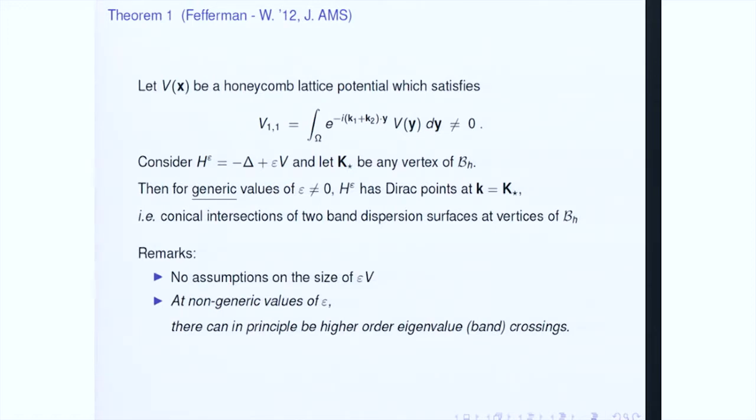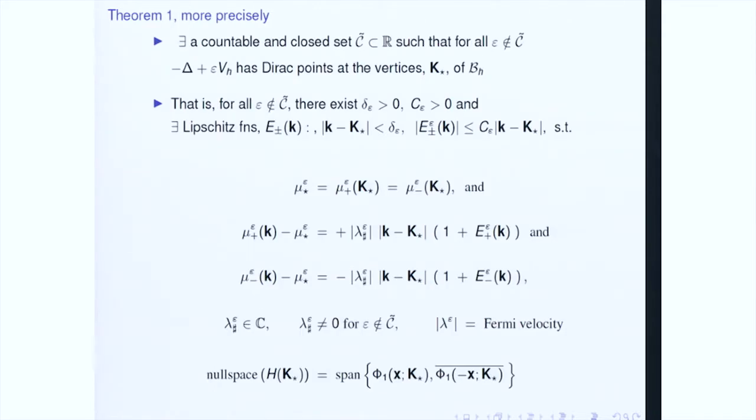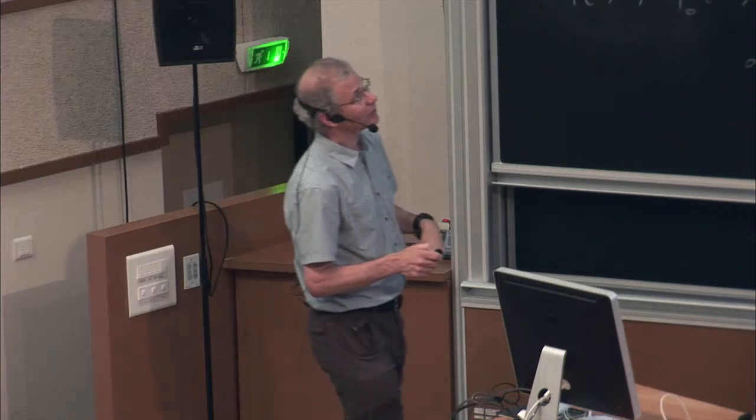There are no assumptions on the size, and it turns out that at non-generic values of epsilon, there can be higher order band crossings, and so we can't exclude those by our methods, except for when epsilon is small. A bit more precisely, there is a countable closed set, C tilde. This is a bad set.